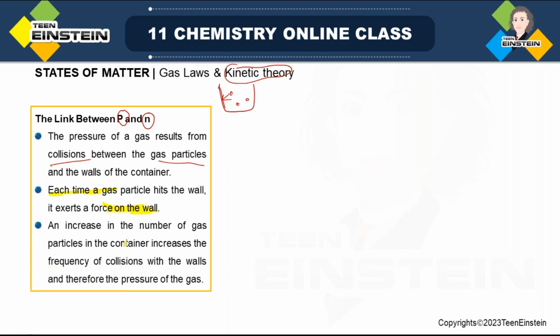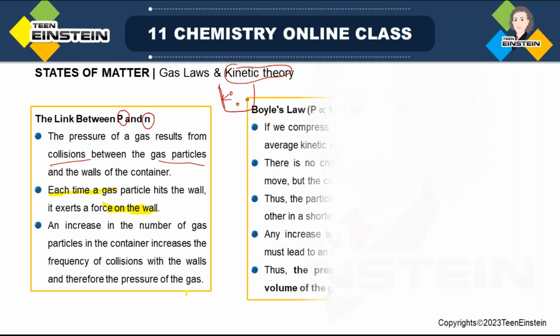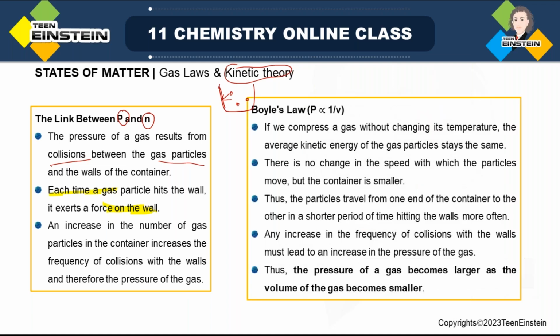Fine. So when there is an increase in the number of gas particles in the container, obviously the number of collisions with the walls of the container will also increase. So the pressure is directly related to the number of moles of gas molecules present in the container. So there is a link between pressure P and N, the number of moles. Fine.